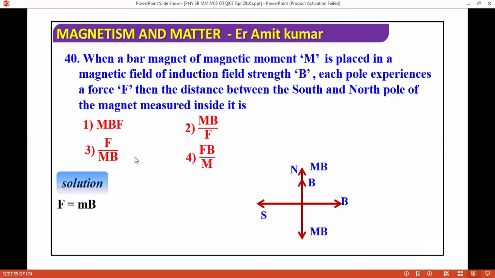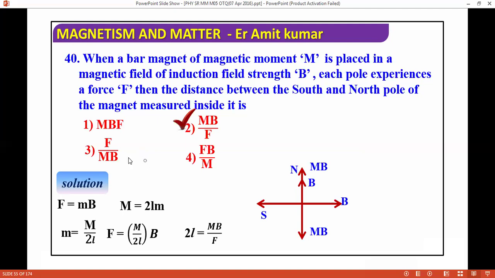You can see F is m into B. All of you know this relation, you have to know it. The magnetic moment is M equals 2L into m, so small m is capital M by 2L. So F is M by 2L into B. Because of these relations, this is going to be the correct answer.